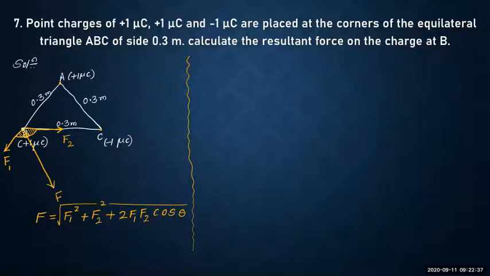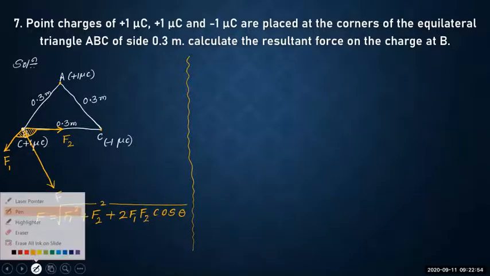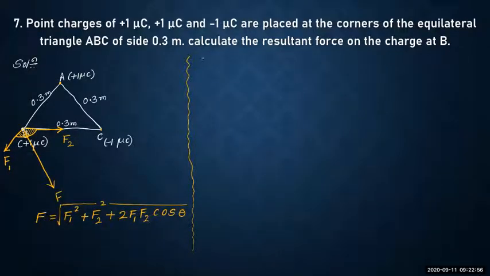Okay. Now, let us write the given things. What are the given things? Given Q1 is 1 microcoulomb, Q2 is also 1 microcoulomb, Q3 is minus 1 microcoulomb, and the distance of separation is the same, that is 0.3 meter.